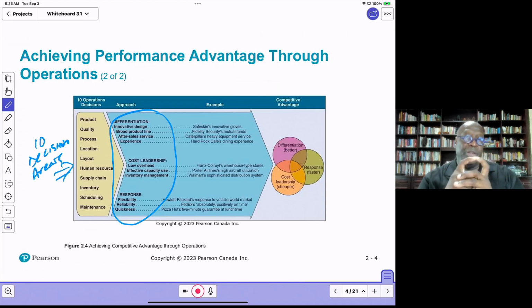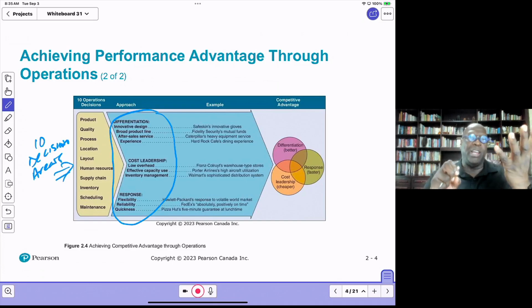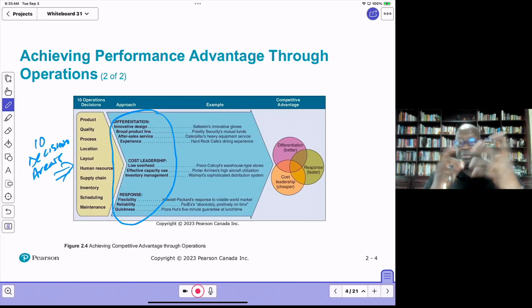Now, there's an important question. Can you actually try to pursue all of them at the same time? It is not easy to actually pursue all of these at the same time. You could have an organization that has multiple strategic business units, but then one aspect of the business focuses on differentiation, another aspect has a focus on response, another aspect could be focused on cost.